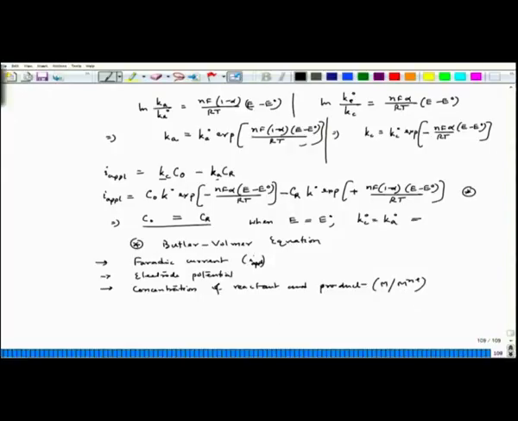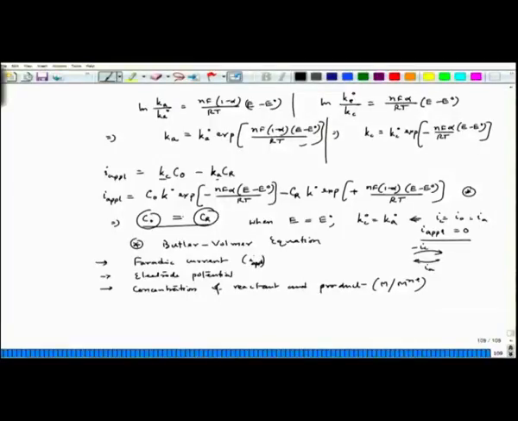Now, this condition is subjected to a situation when I equal to I0 equal to Ia, and I applied is equal to 0. The net current flow is 0. So, when we have two current densities, this is Ic, this is Ia, they are of the same magnitude but flowing opposite, then there will be no net current flow in the circuit.